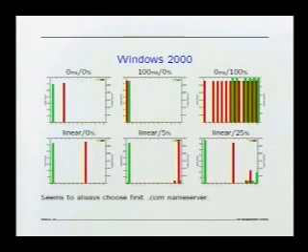This is Windows 2000, and the surprising thing here is for the cases with linear delays, it seems to ignore any actual measurements at all, I guess. It essentially always picks one name server and just sticks with it.